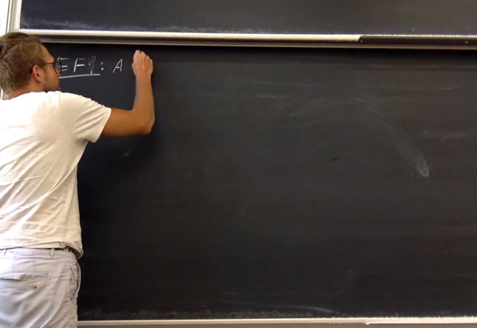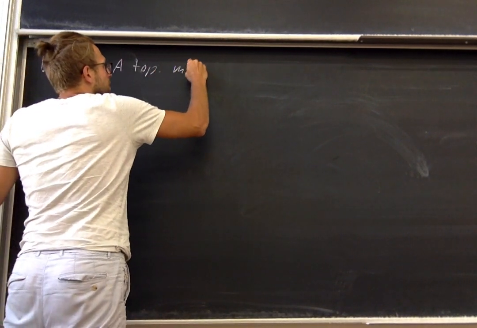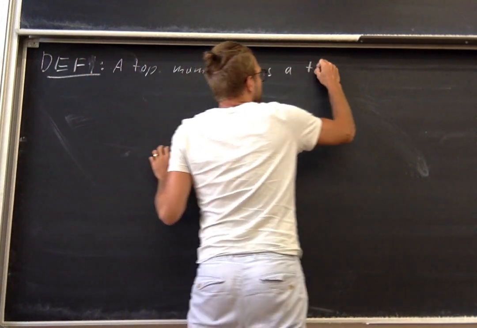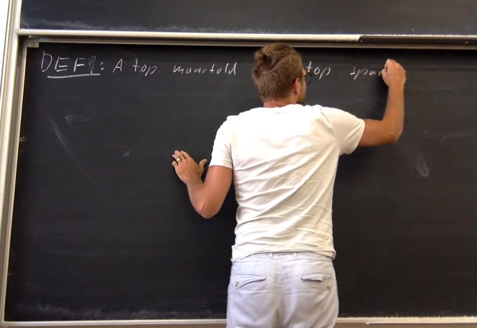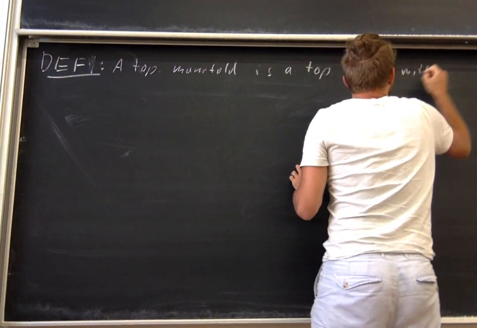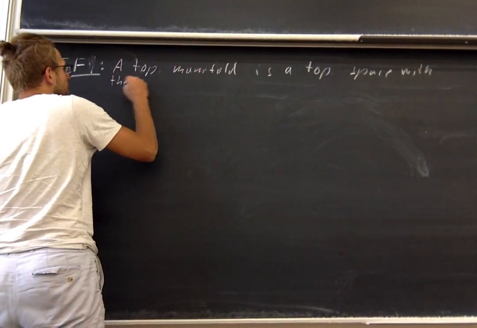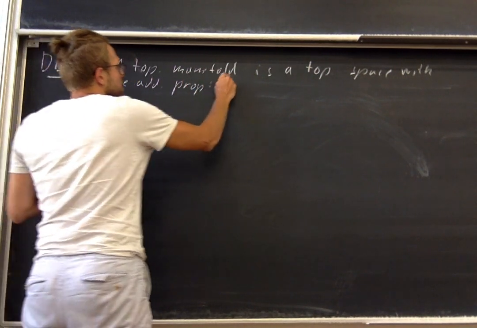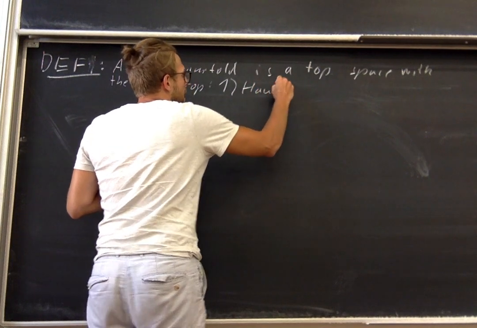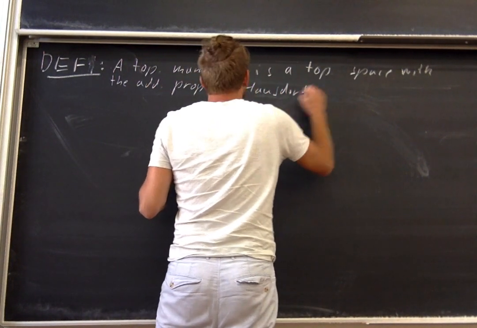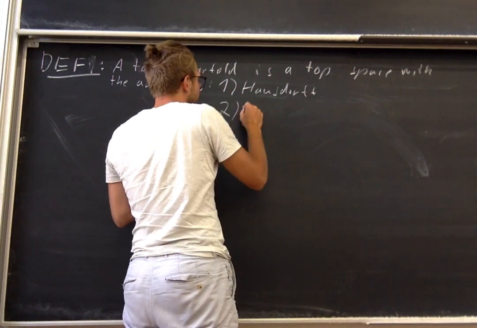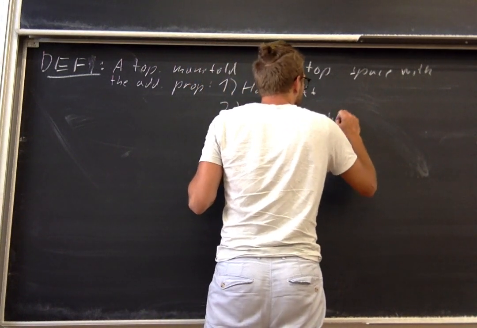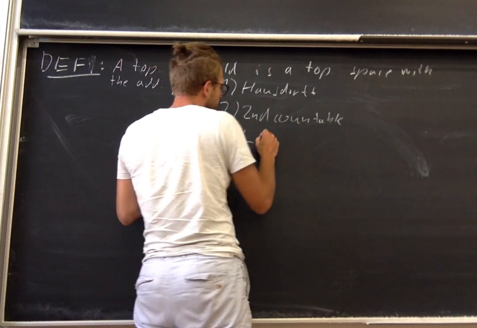A topological manifold is a topological space with the additional properties of being a Hausdorff space, being second countable, and being locally Euclidean.